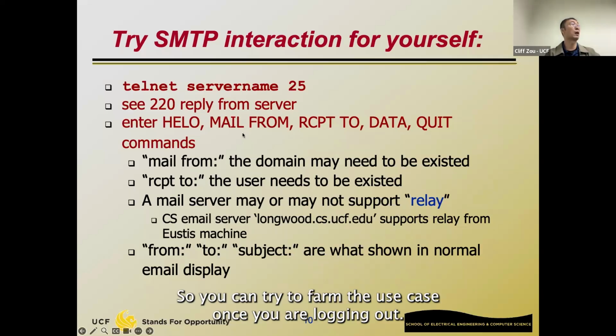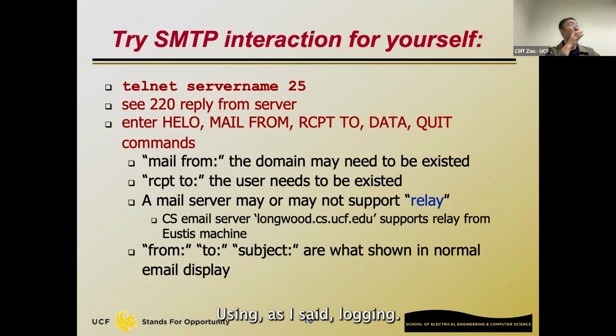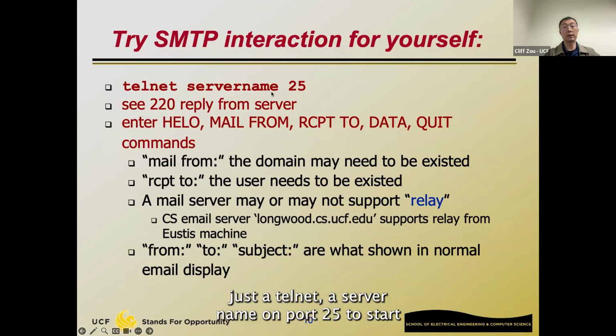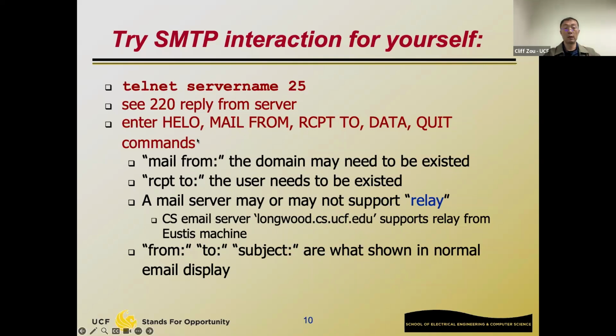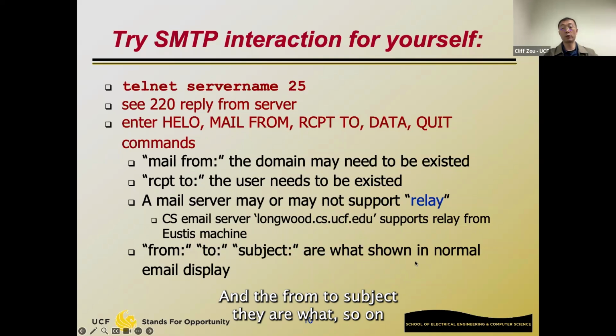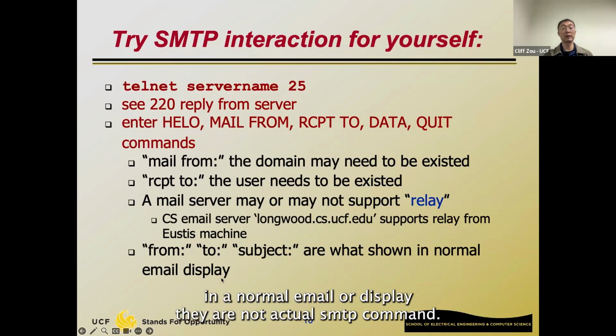So you can try it from the use case. Once you log in using SSH to your use case machine, you can try these steps by yourself. And just telnet a server name on port 25 to establish a TCP connection to the email server. And the from, to, subject, they are what is shown in the normal email display.